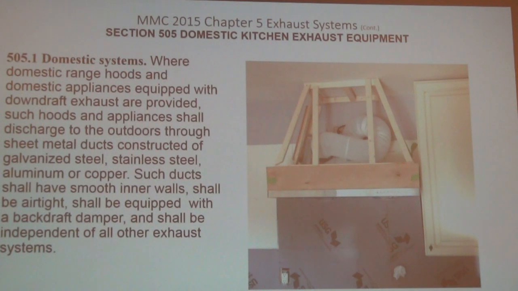And in that residential code, it says all round duct joints need to have screws. So technically, they're worried about a little sheet metal screw collecting a lot of grease and being a fire hazard. That's not how it is.